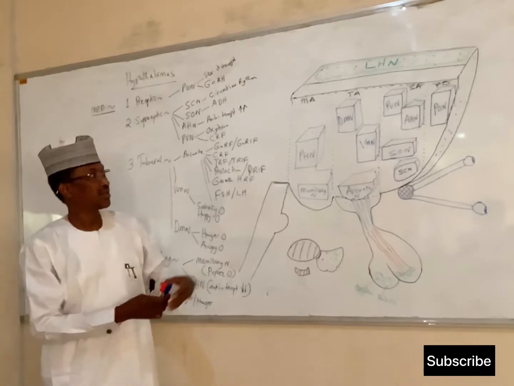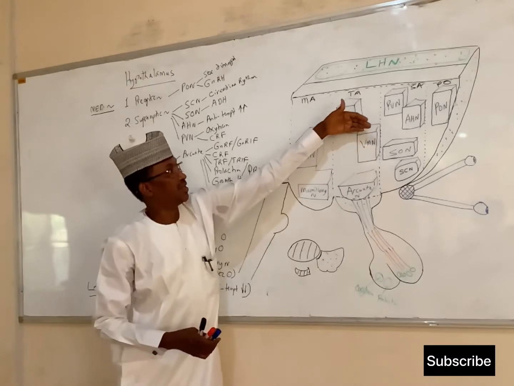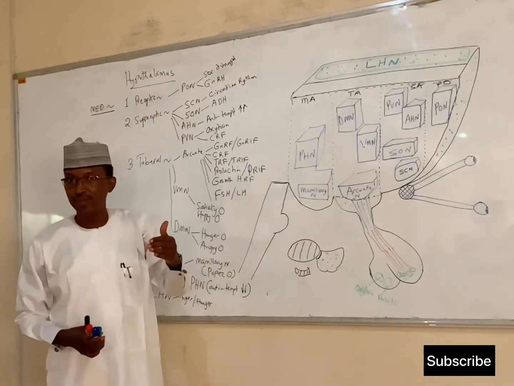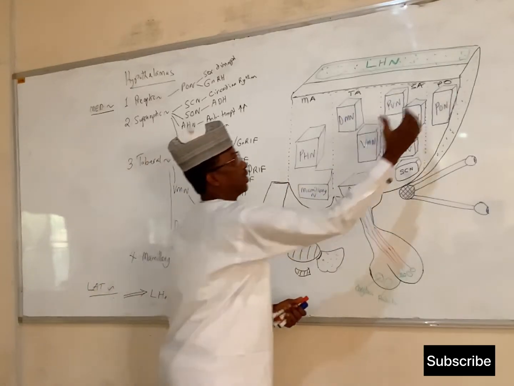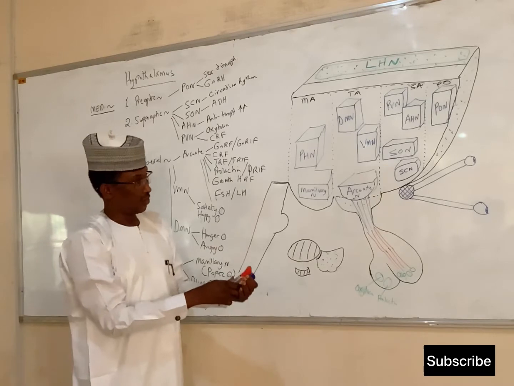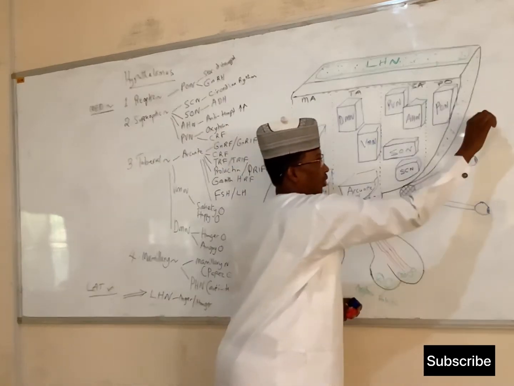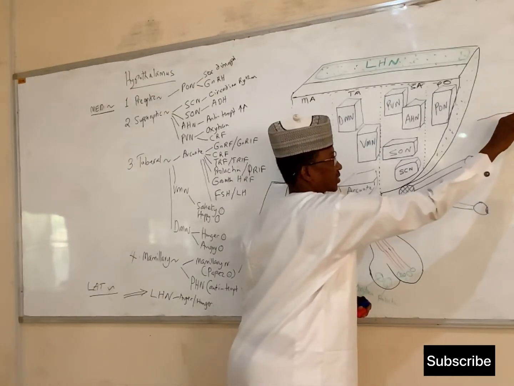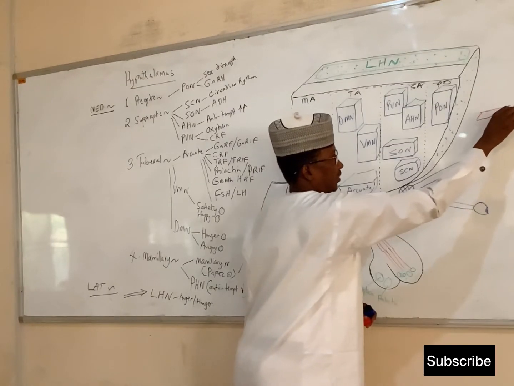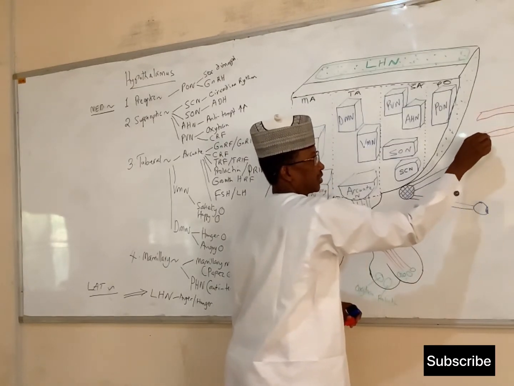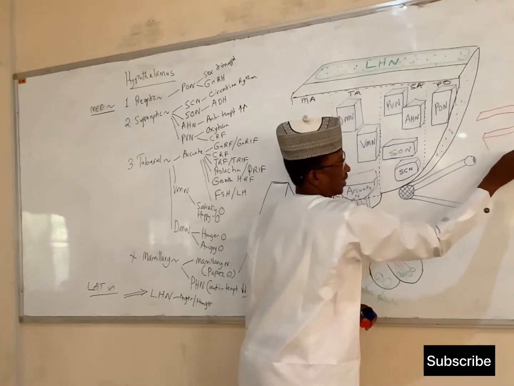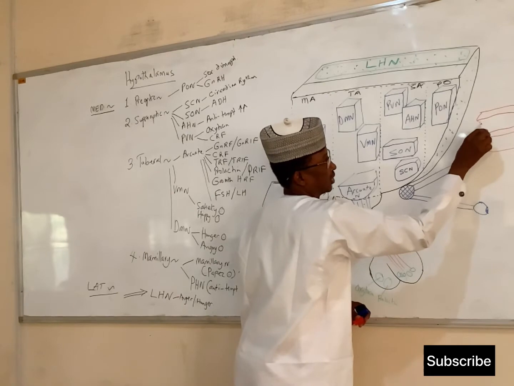Hypothalamus has a right half, it has a left half. And then anteriorly, it is also covered. So it's something like this. When you now draw it like this in 3D, that is exactly the way it looks.